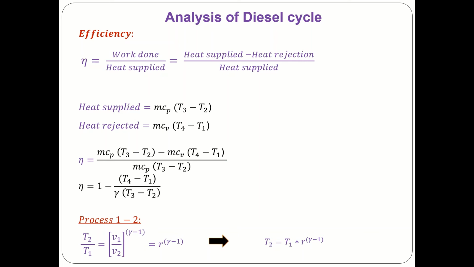So, before the heat addition, the temperature was T2. At the end of the heat addition process, the temperature is raised to T3. So, delta T is T3 minus T2.